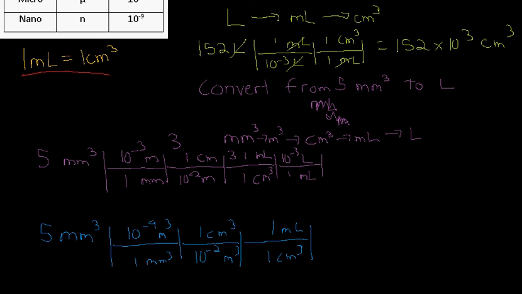None of the rest of these are cubes, so I don't have to change anything: 10 to the negative third liters over 1 milliliter. Double check to make sure I did everything right. I see I made a mistake. I did not cube this here, so that should actually be 10 to the negative 6. Multiply straight across the top, you get 5 times 10 to the negative 12th over 10 to the negative 6. Subtracting negative 12 minus negative 6 gives me 5 times 10 to the negative 6, which is 0.000005.